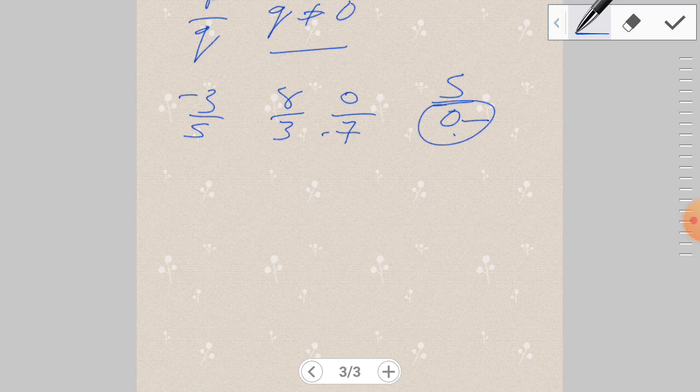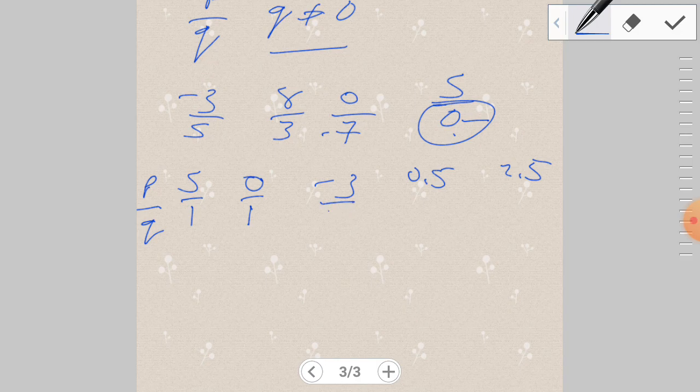So we can say that 5, 0, minus 3, 0.5, 2.5 are all rational numbers because we can show all these numbers in the rational form, P upon Q, because 5 has no denominator, so we can write 1 here, 1 here, and 1 here, and 0.5 can become 1 upon 2, or 2.5 can become 5 upon 2, or it can also become 5 upon 10 or 25 upon 10, any of those forms.